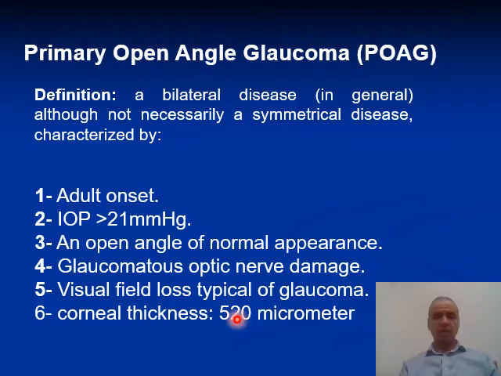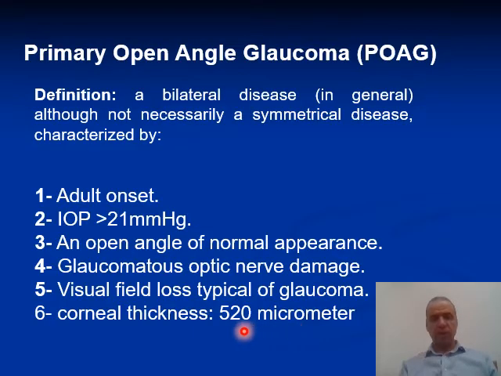And nowadays, we should measure the corneal thickness, because the intraocular pressure is usually measured through the cornea by compression on the cornea. So corneal thickness might affect our measurement. The normal corneal thickness is between 520 and 545 micrometers.